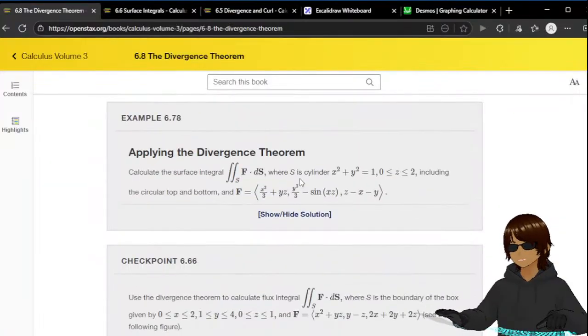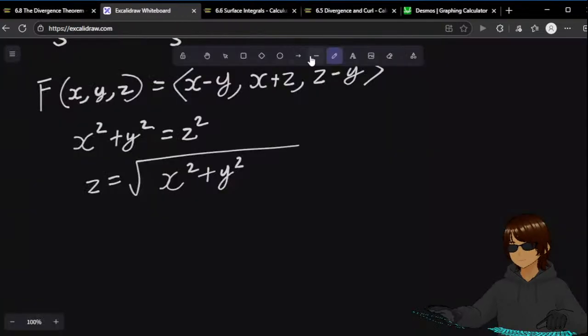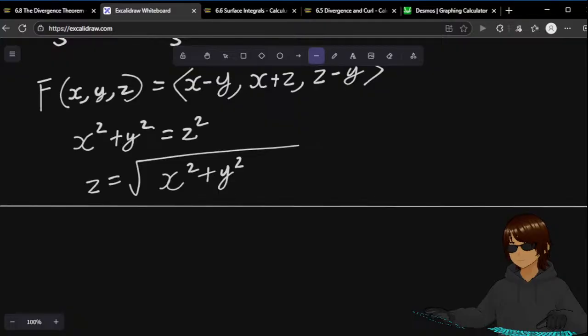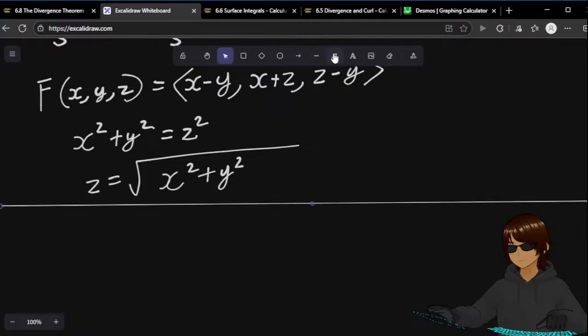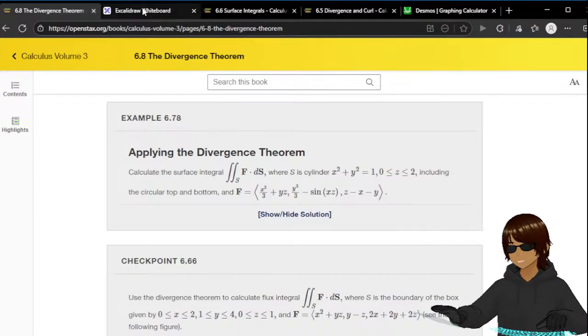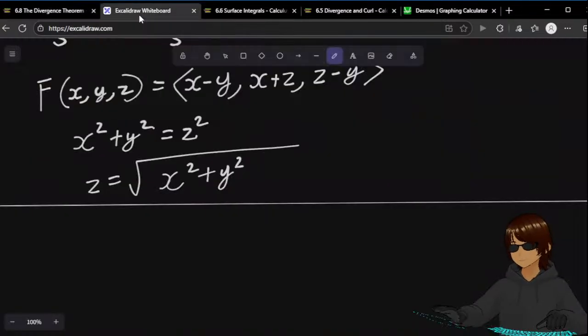Calculate the surface integral where S is a cylinder, including the circular top and bottom. Then F is equal to this. Example 6.78.